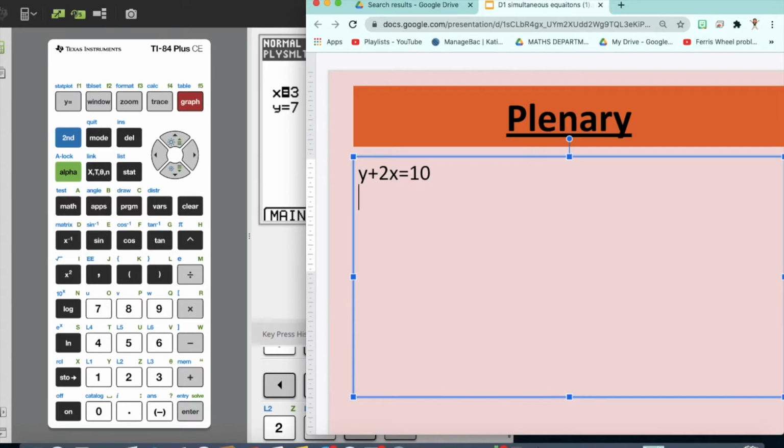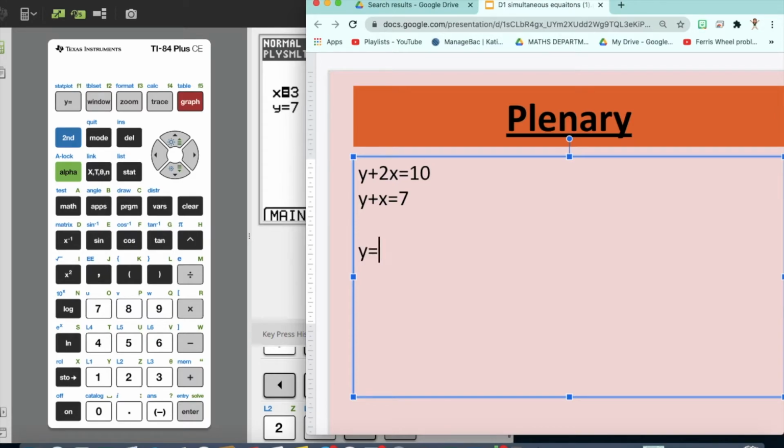Then we're going to have y plus x equals 7.